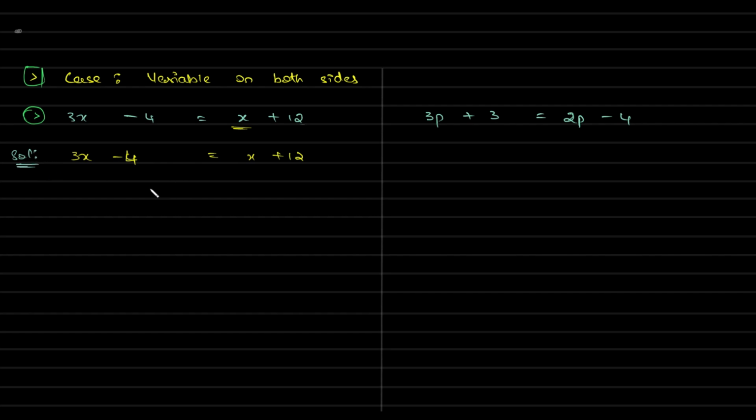So as per our ulta board mass, the reverse of the board mass, we have to add and subtract first. So in that case, we are going to deal with -4. Next, -4, +4 gets cancelled. 3x is equal to, just copy the x, and 12 plus 4 is 16.